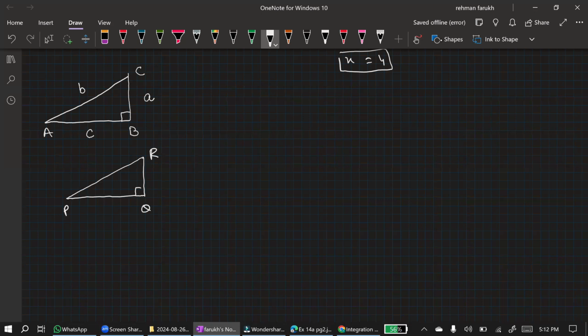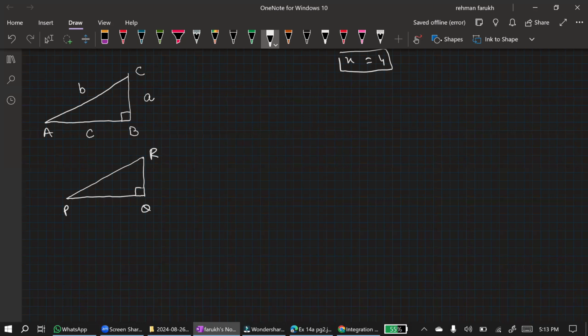If this one is a triangle PQR, what is the name of the hypotenuse in terms of small p, small q and small r? Small b. The side opposite to the angle Q, which is 90 degree, is small p, small q, or small r?